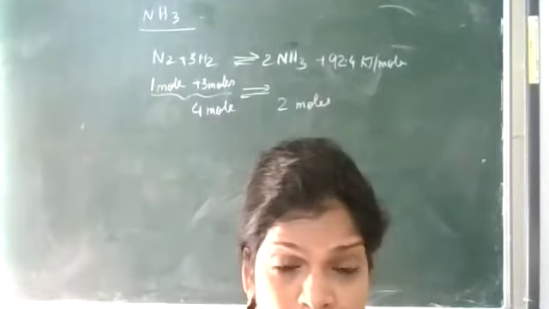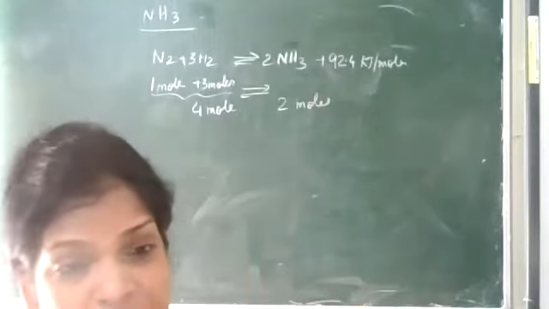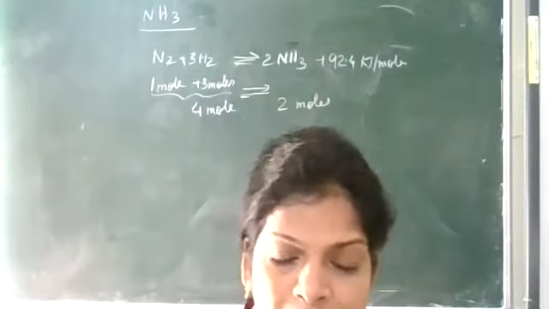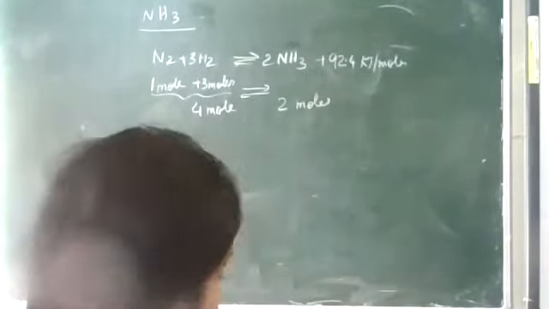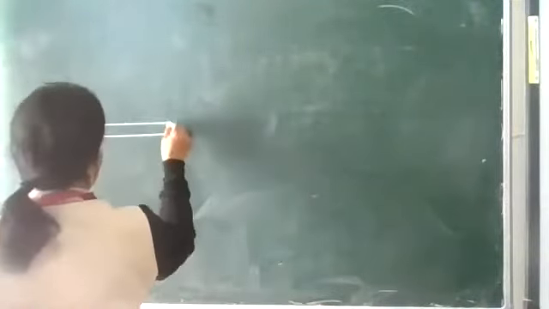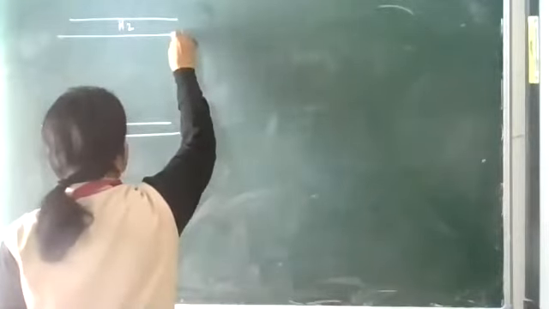Means 200 atmospheric pressure, 700 Kelvin, then Fe2O3 as the catalyst with a small amount of promoters, that is K2O and Al2O3. Nitrogen from here and nitrogen from other parts will be coming.